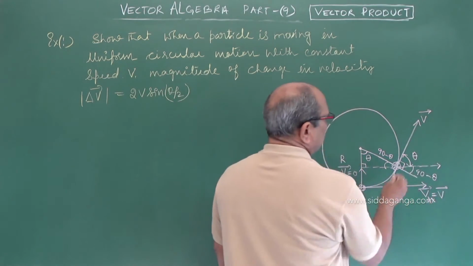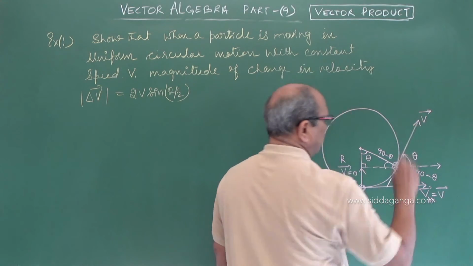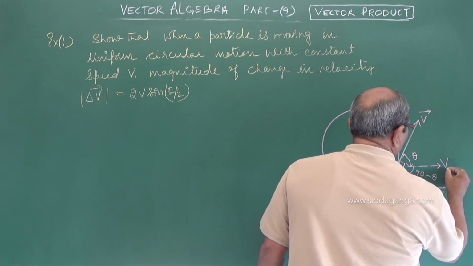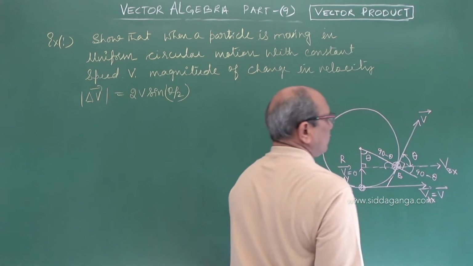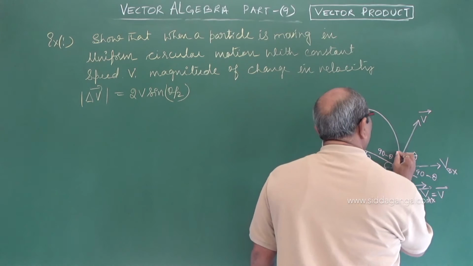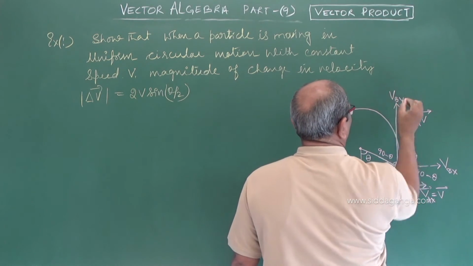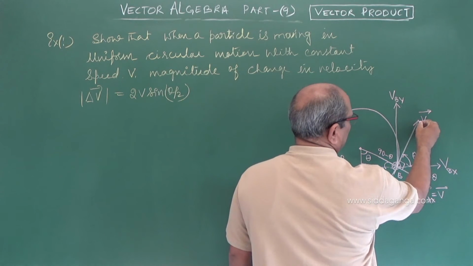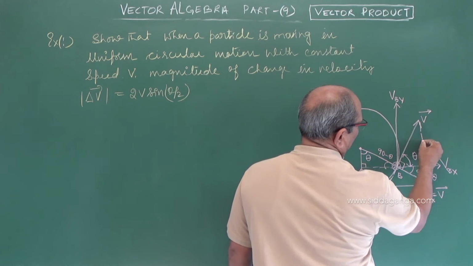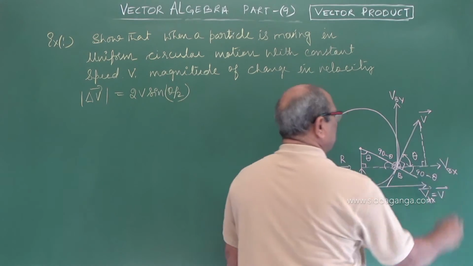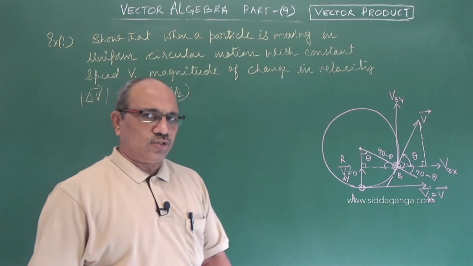Then what is the component at B? At the point B, Vbx and the component along this direction, Vby, can be obtained. You know how to get it by drawing the perpendicular, because our aim is to get the change in velocity.